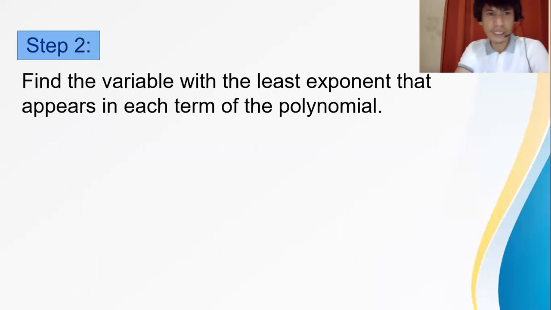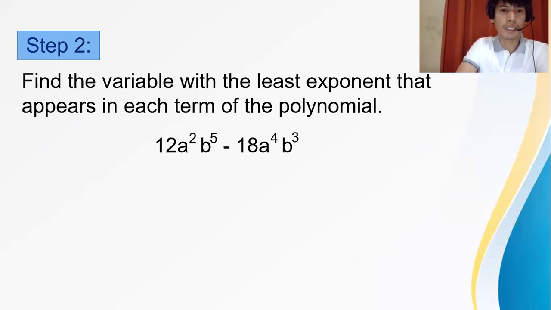Next, step 2. Find the variable with the least exponent that appears in each term of the polynomial. So, this is the one from earlier. We look for the variable with the least exponent. The first term has a and b, and the second term has a and b.